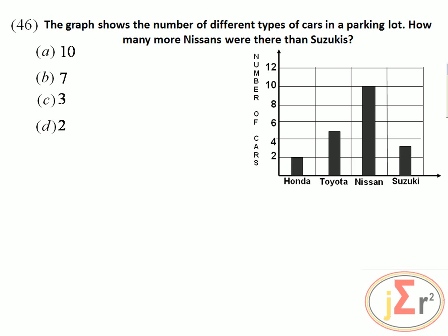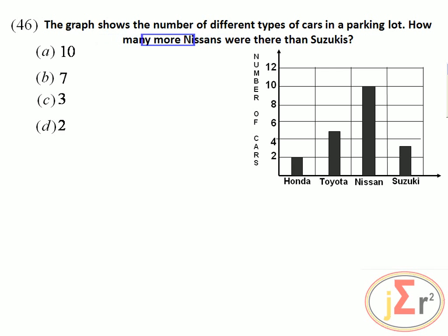Let me ask the question again. How many more Nissans were there than Suzukis? 7. That's correct.